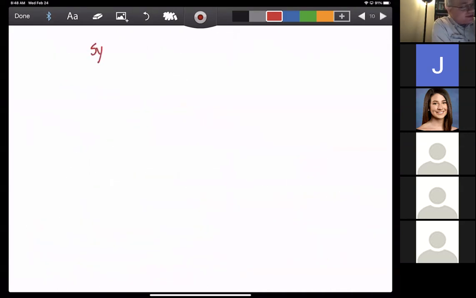All right, so if that system has a solution, the lines intersect. And once you know s and you know t, you have the coordinates of that point of intersection.